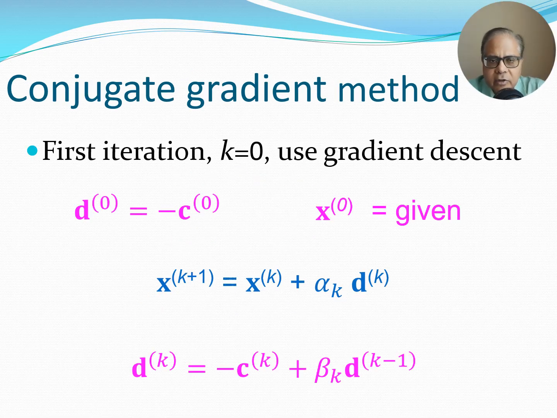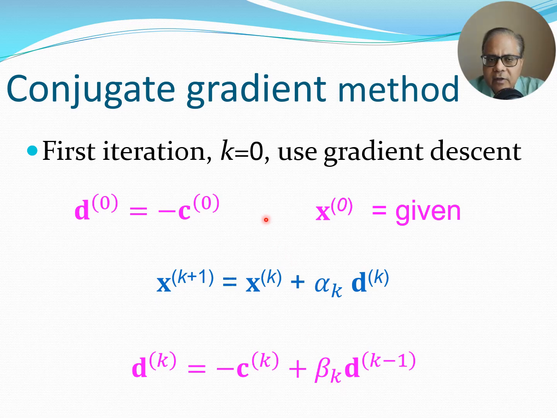In the conjugate gradient method, you add a component to the search direction, so dk is now minus ck, the steepest descent search direction, plus a beta k dk minus 1 term. This term essentially creates the conjugate gradient method, and there are different methods depending on the different expressions for beta k obtained by different researchers over the past many decades.